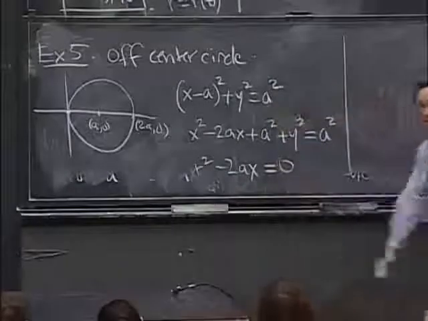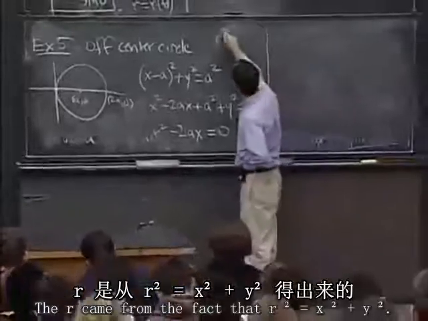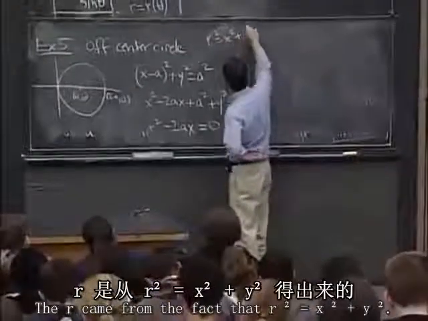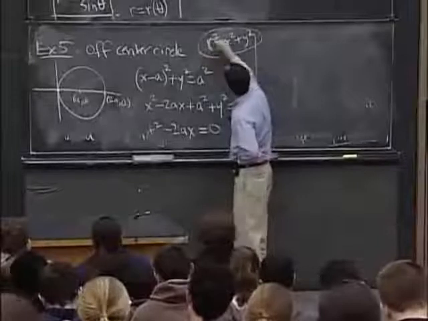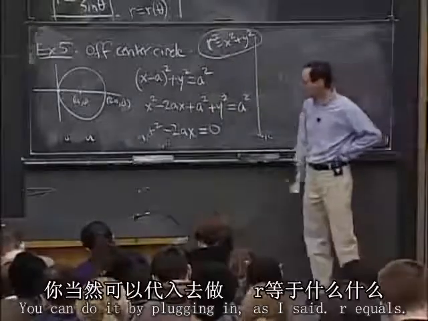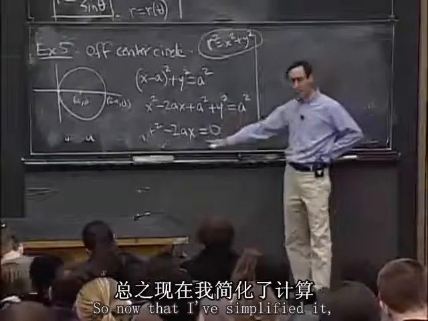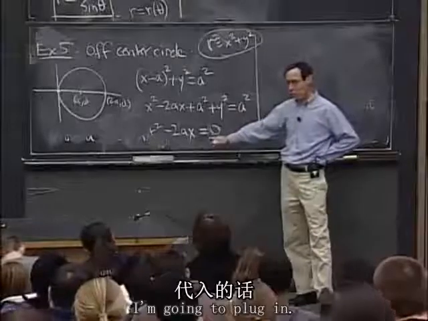All right? The r came from the fact that r squared is equal to x squared plus y squared. All right, so I'm doing this the rapid way. You can do it by plugging in, as I said. So now that I've simplified it, I actually am going to use that procedure. I'm going to plug in.